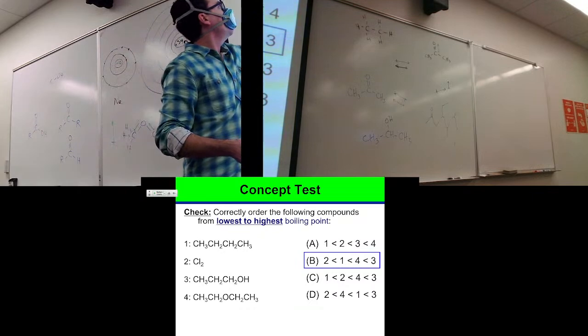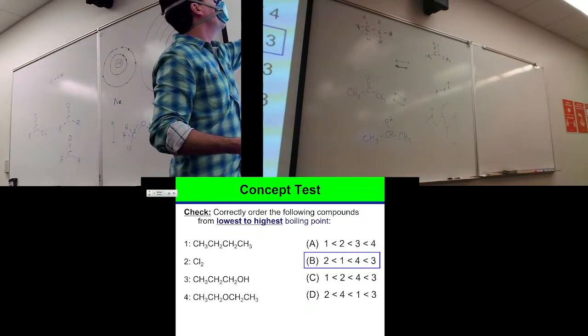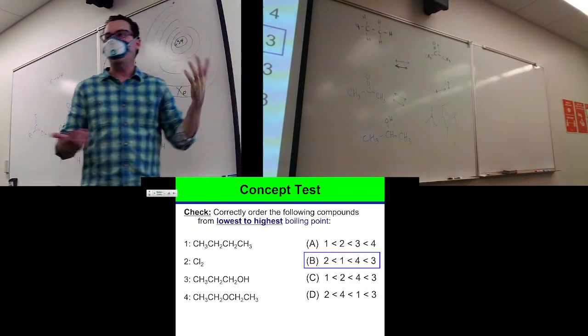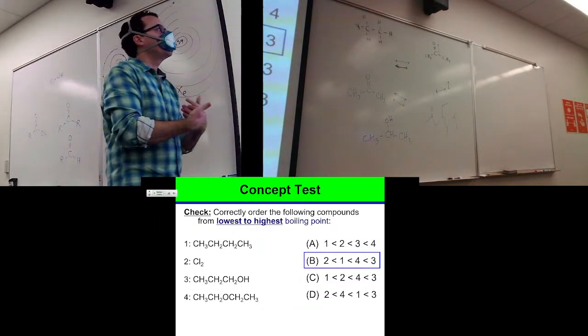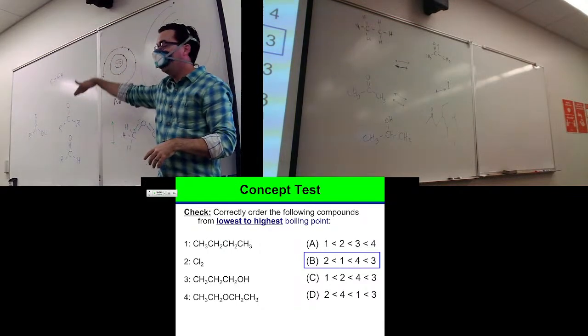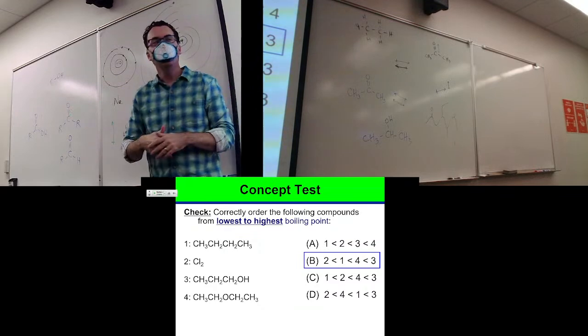This thing, 4 carbons, that's 48, 12 times 4, plus 10 hydrogens, 58. That's a lower molar mass. But you also might think, well, chlorine is 1 row down, so maybe slightly more polarizable than carbon is.